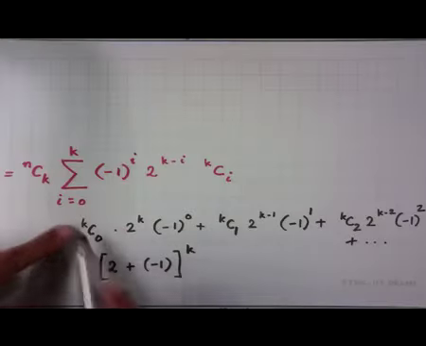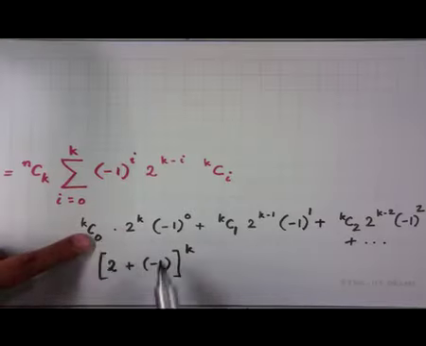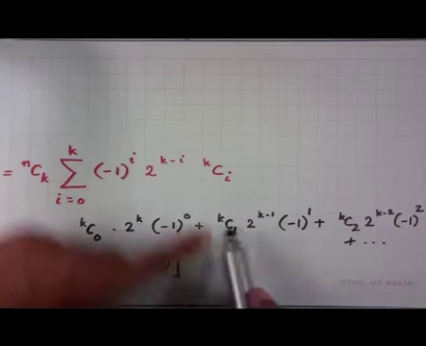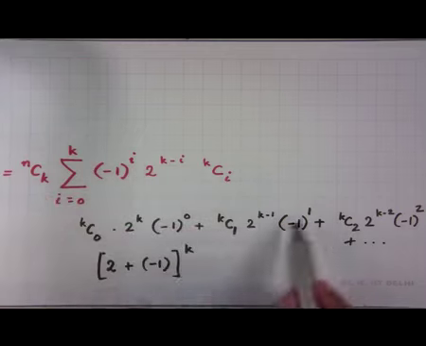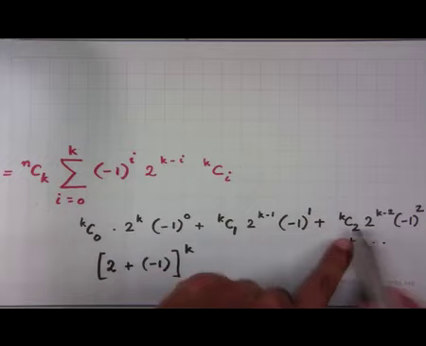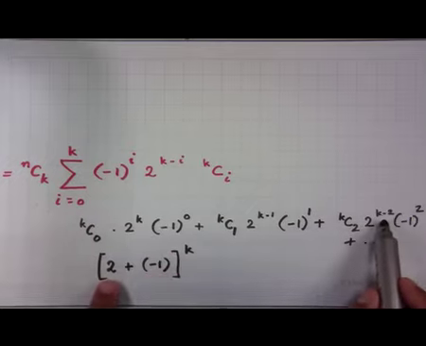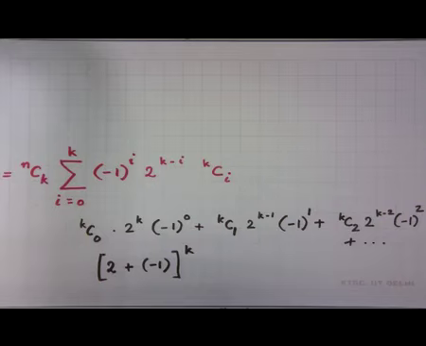So, k choose 0, you do not choose any minus 1s, you choose all 2s. Then k choose 1, you choose only 1 minus 1 and you choose k minus 1 2s, and then k choose 2, you choose 2 minus 1s and k minus 2 2s, right, and take the expansion of this.